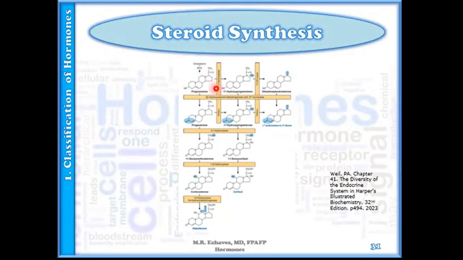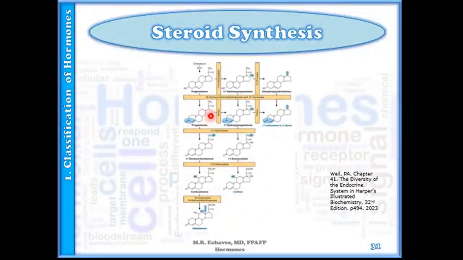From pregnenolone, if carbon 17 is hydroxylated, or you make it into a carbonyl oxygen, you actually lose 2 carbons here. See these 2 carbons. This path would lead to the formation of androgens. Let's go back here. From pregnenolone, the hydroxyl group becomes a carbonyl oxygen and you have a double bond here.